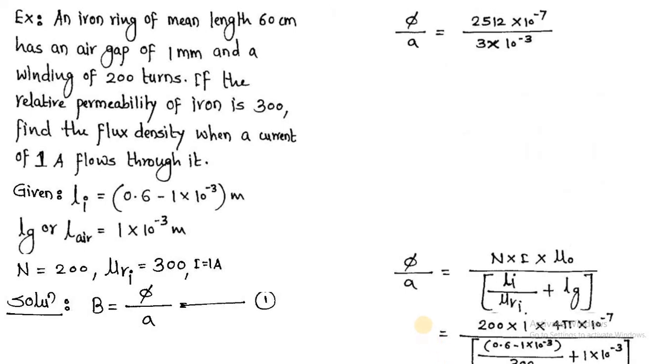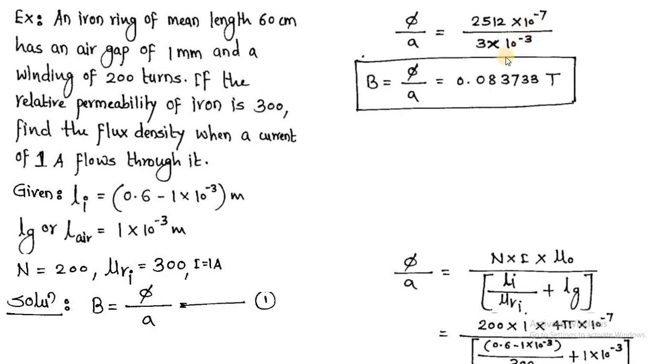So we are getting phi by A equal to 2512 into 10 to minus 7 divided by 3 into 10 to minus 3. So the final value of flux density B, which is the ratio phi by A, is equal to 0.083733 Tesla or Weber per meter square.